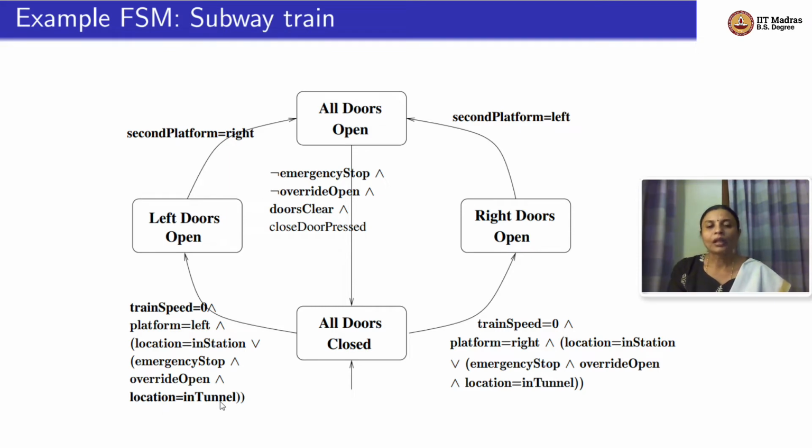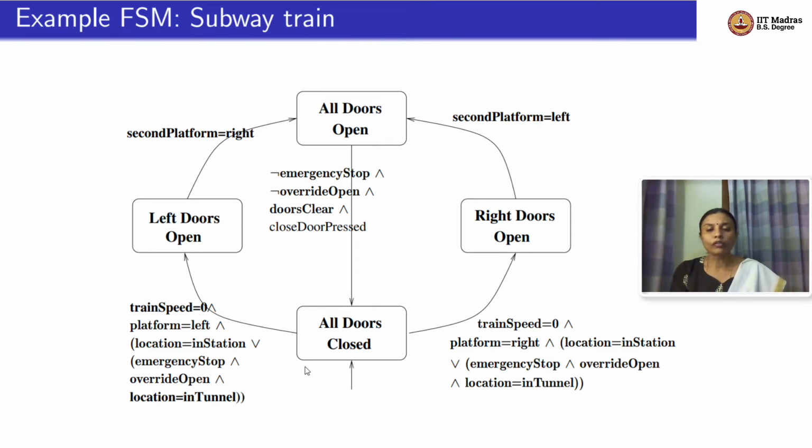Is this clear? So you can open the left doors provided the train is not moving, platform is on the left side, and the train is in the station, or there's an emergency, the train is in the tunnel, somebody's pressed the emergency stop and done a manual open.